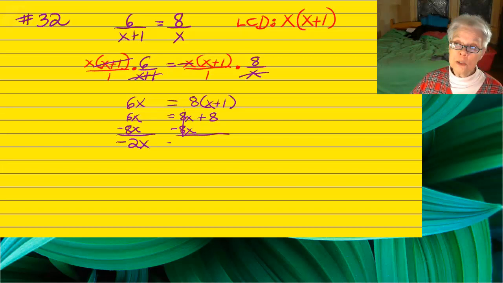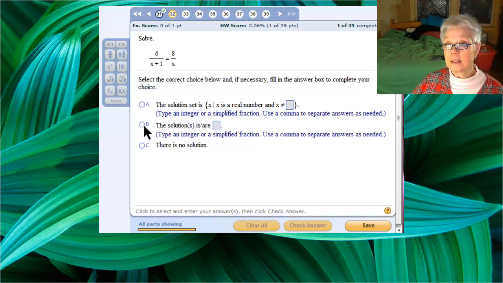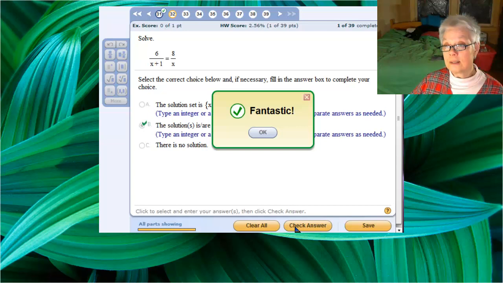So negative 2x will equal 8. Divide by negative 2, divide by negative 2. And you'll have x equals negative 4. Let's put that in the answer box. Fantastic!